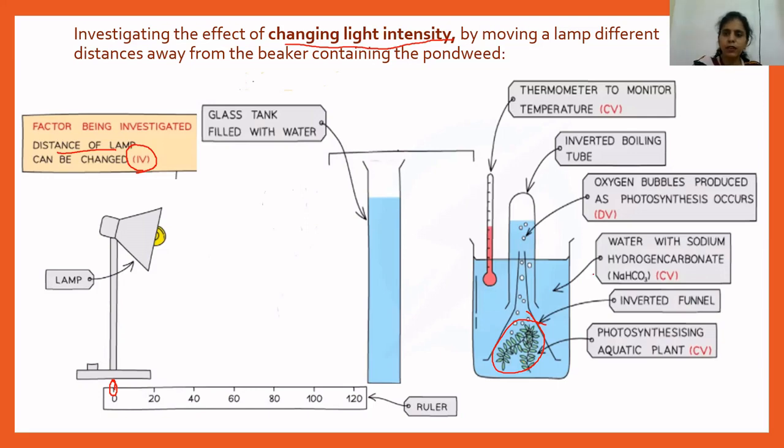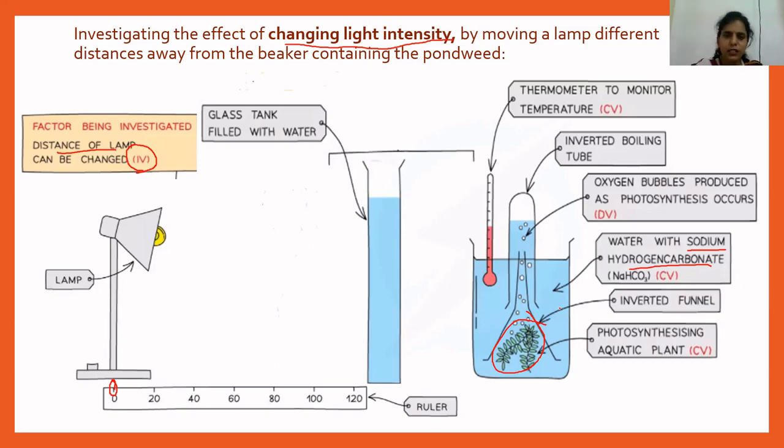Then we have here water with sodium hydrogen carbonate. In this water, we have also added sodium hydrogen carbonate. Apart from sodium hydrogen carbonate, you can also use potassium hydrogen carbonate, because this is a source of carbon dioxide gas. The water which we are using here is normal tap water, not pond water. In tap water, the amount of carbon dioxide present is very little.